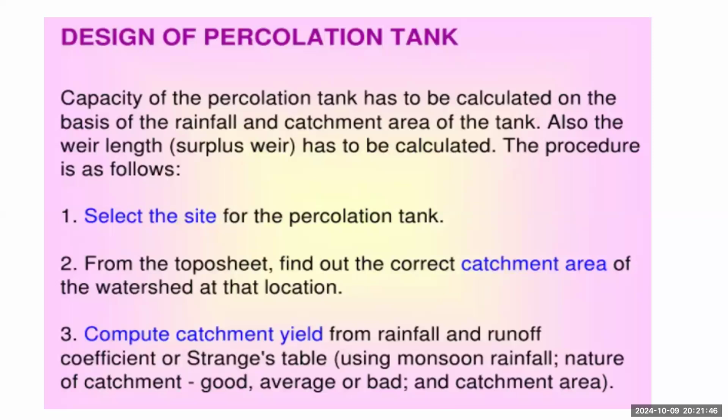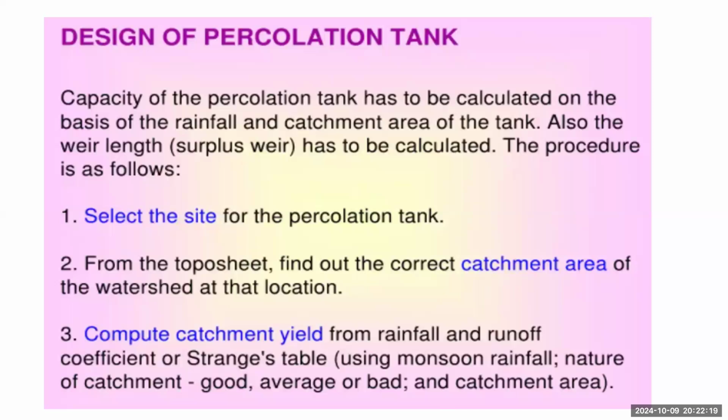So this topo sheet is preferred in which the natural ground features, that is drainage lines, are shown. On the topo sheet contours are also there. If we draw a line on that drainage line as the length of the dam wall, then we come to know how much area of submergence is there. With reference to the contours on the topo sheet, we can find out how much submergence will be.